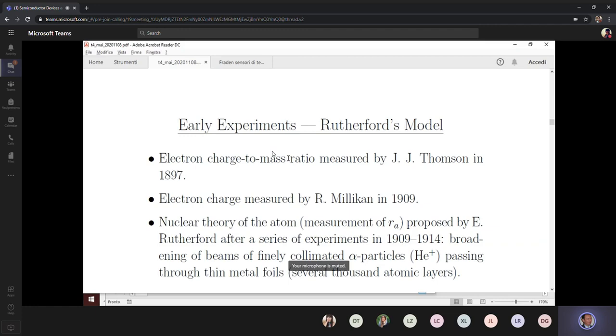It is convenient to start with the historical picture, just to show what scientists knew about the structure of atoms in the late 1800s or at the beginning of 1900.